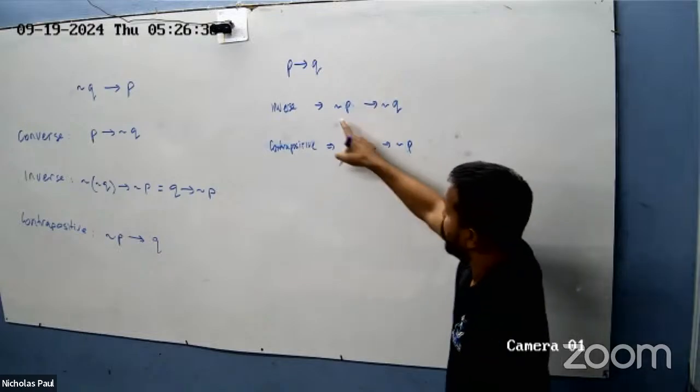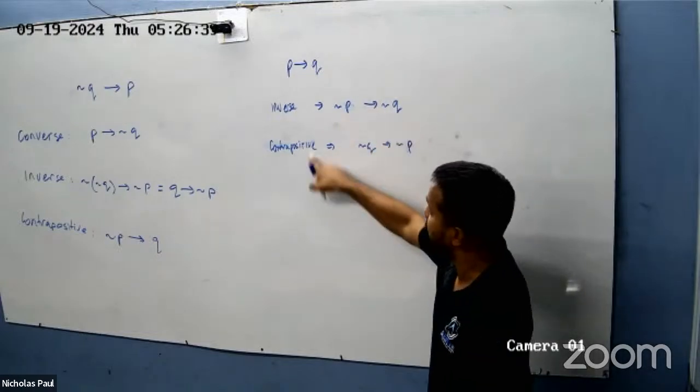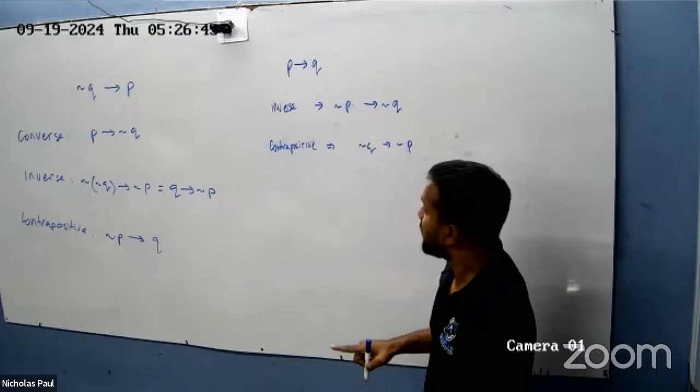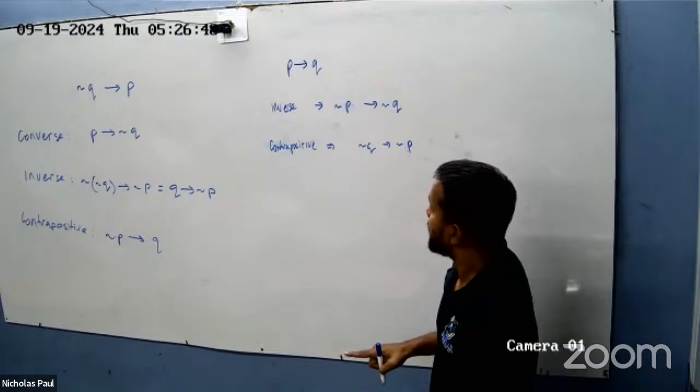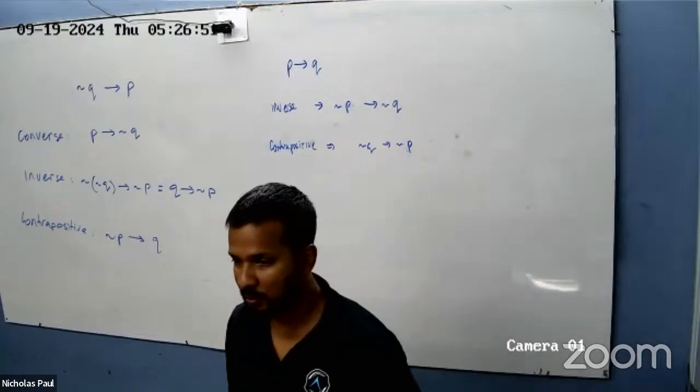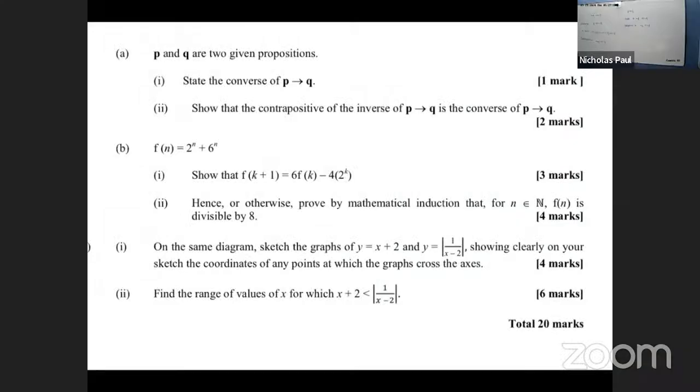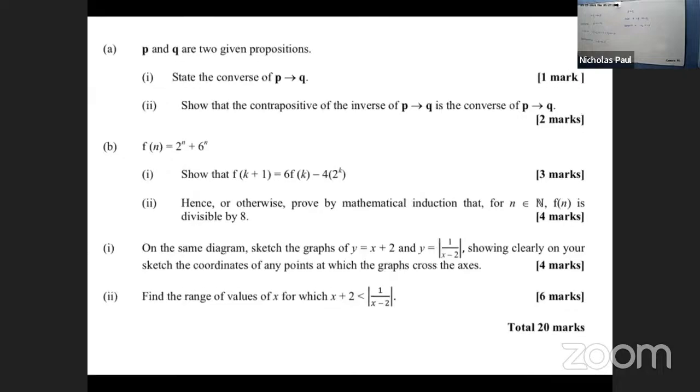Right. So the inverse is negation of P implies negation of Q, and the contrapositive of this is negation of Q implies negation of P. What is the converse of this? Right, what's the question?